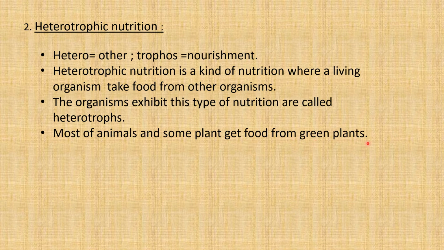We know that green plants can make their own food. So except green plants, most of the animals and those plants in which green substances are not present also can't prepare their own food. So these are the heterotrophs.